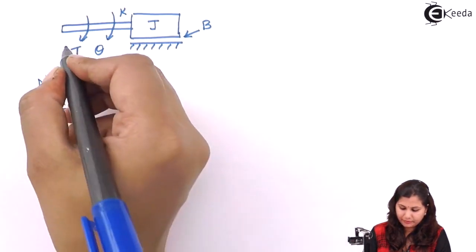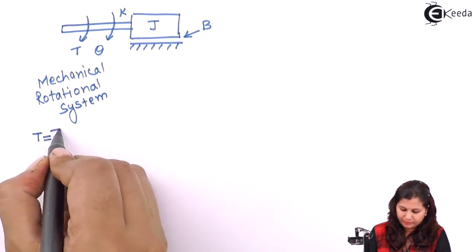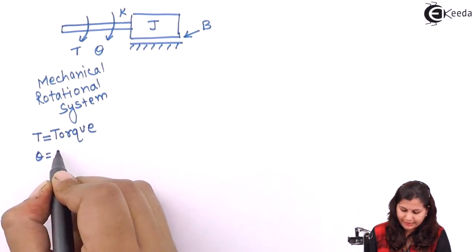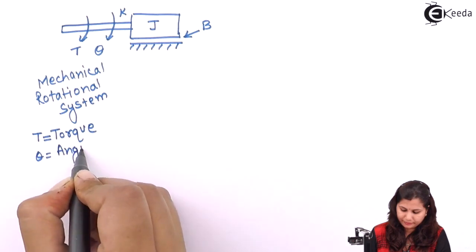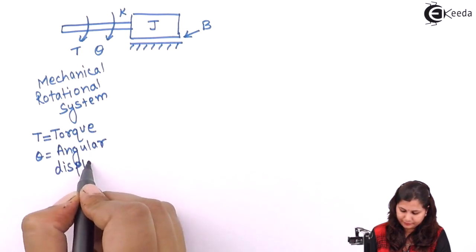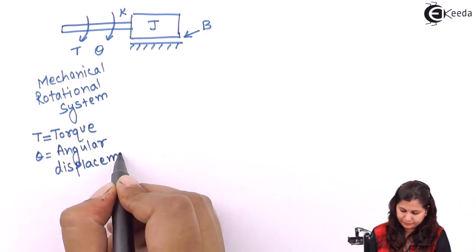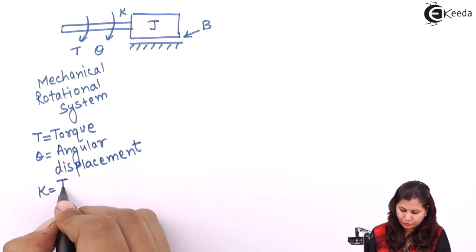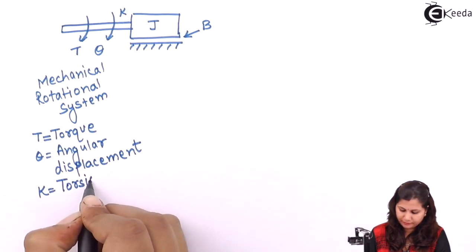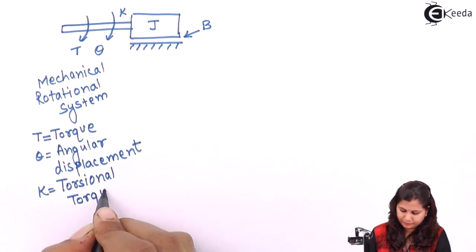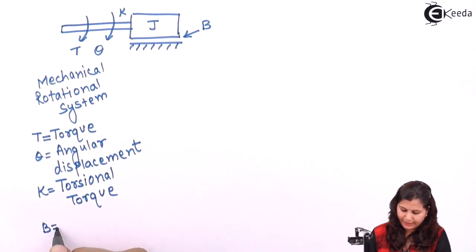In this system, T is the torque, theta is the angular displacement, K is the torsional torque, and B is the damping torque.